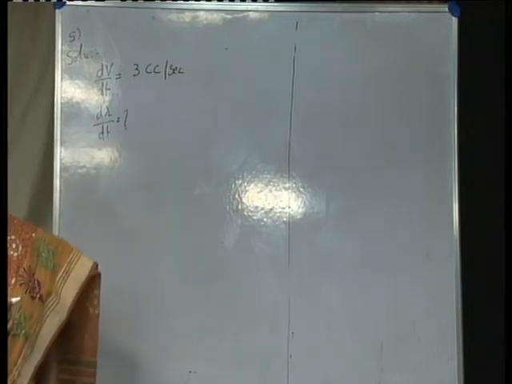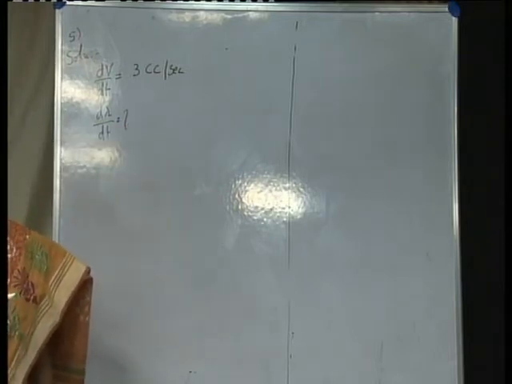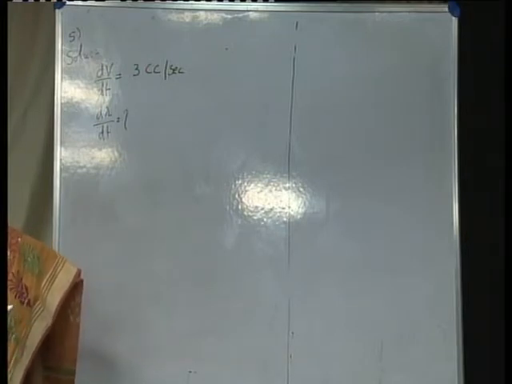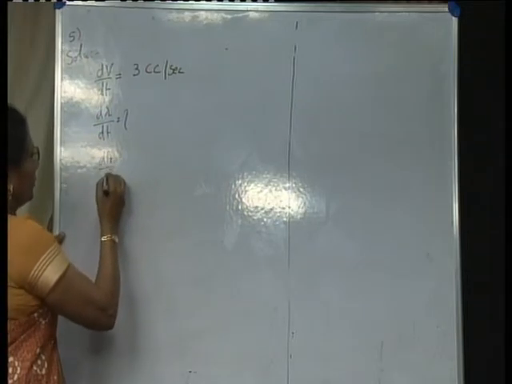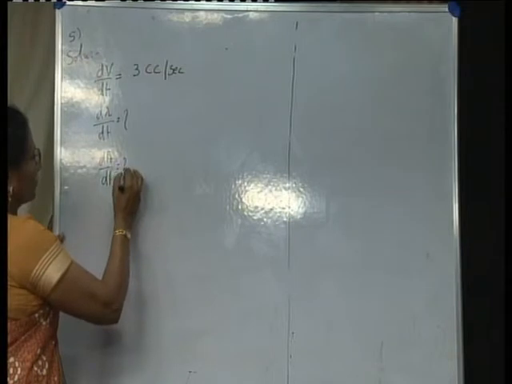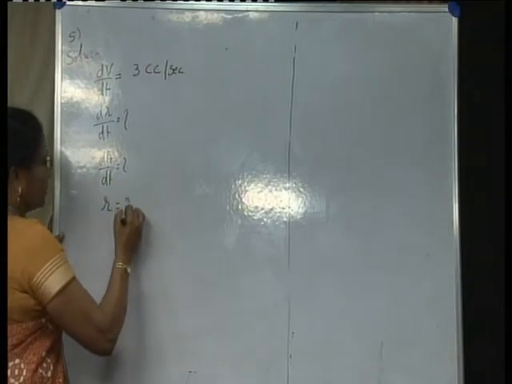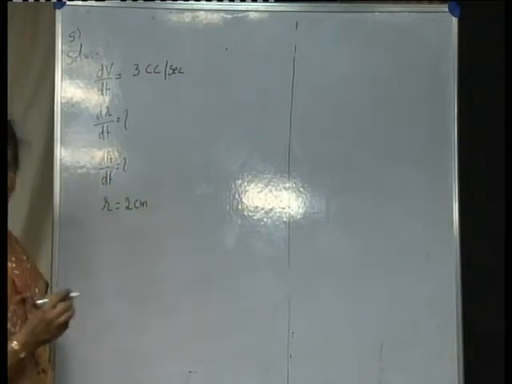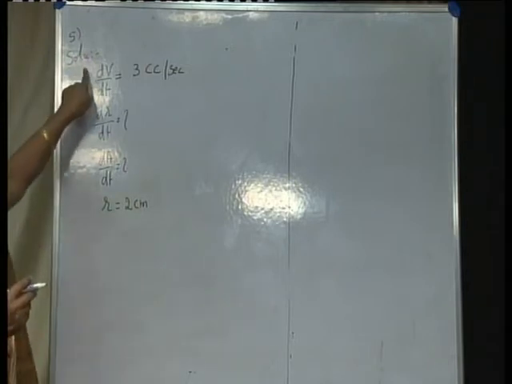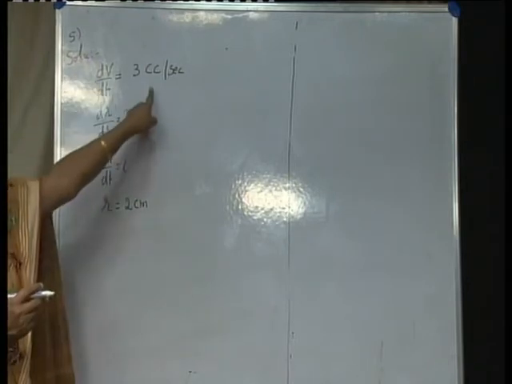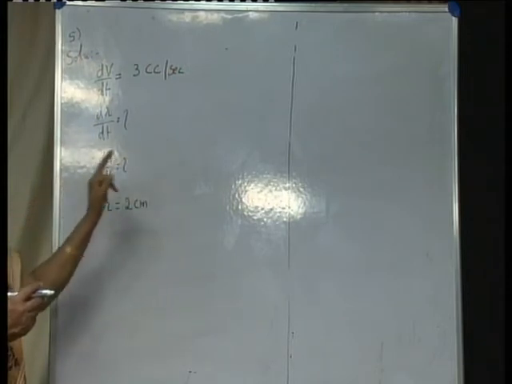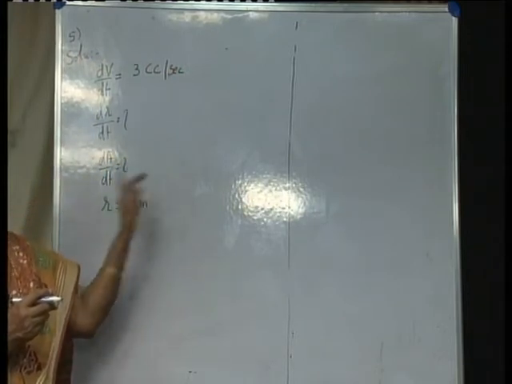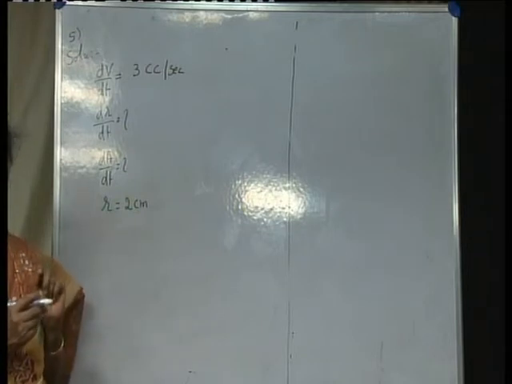Next, the surface area: find dA by dt when the radius is 2 centimeters. Volume is increasing at a given rate, and we have to find at what rate the radius and the area increase when the radius is 2 centimeter.